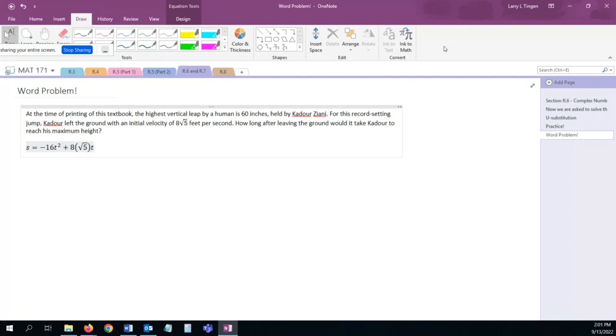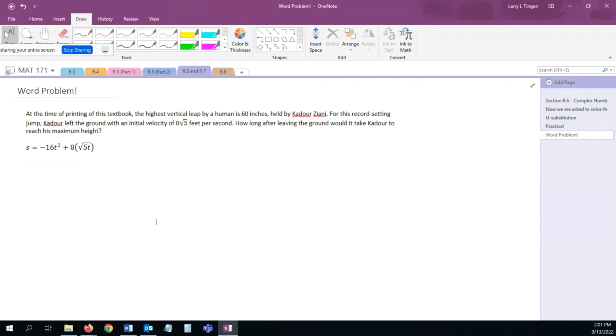So when I get highest leap is 60 inches, this is the initial velocity. How long would it take? Let's see what we can come up with. Any ideas? Let's just stick with what I originally wrote, and let's just see.